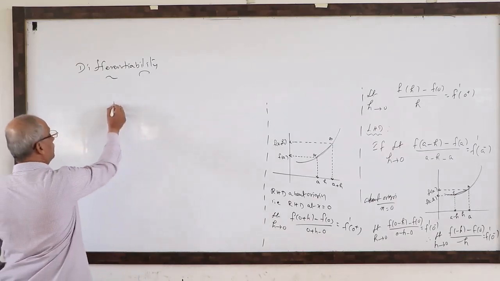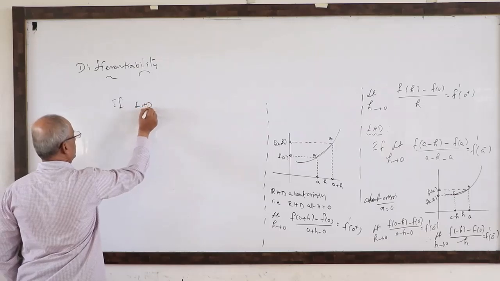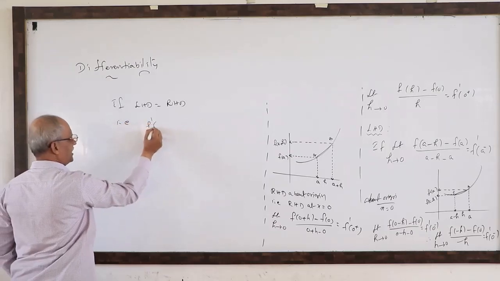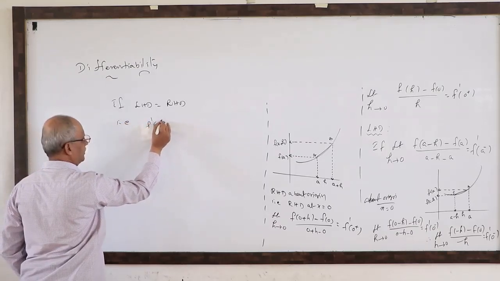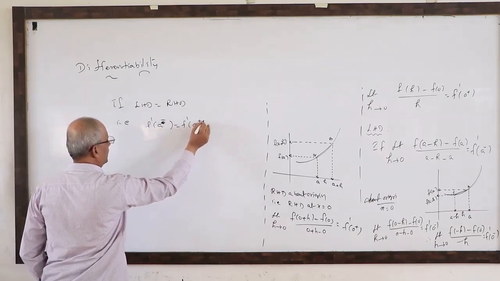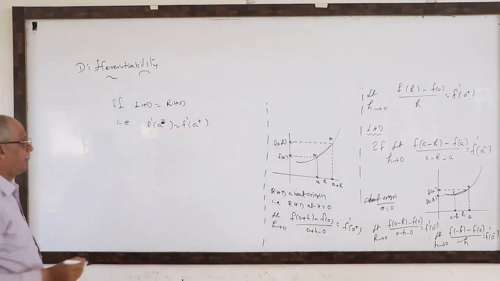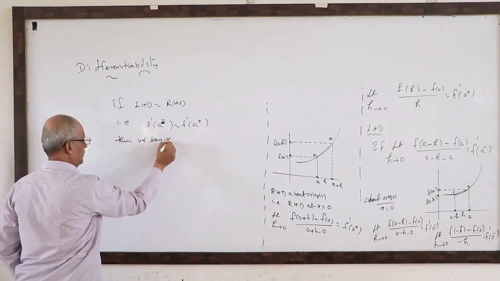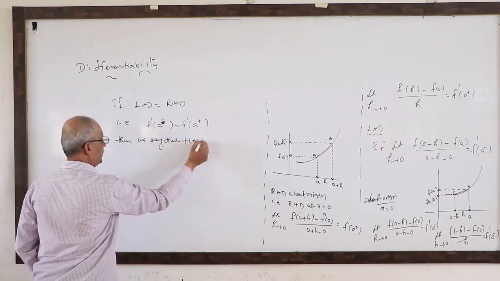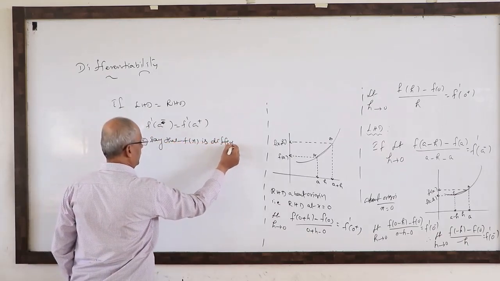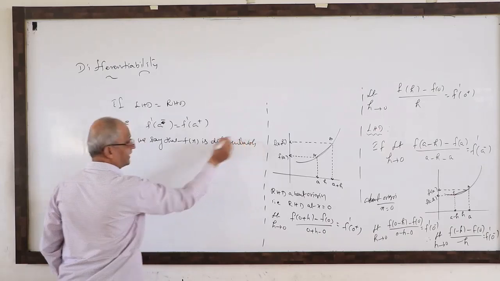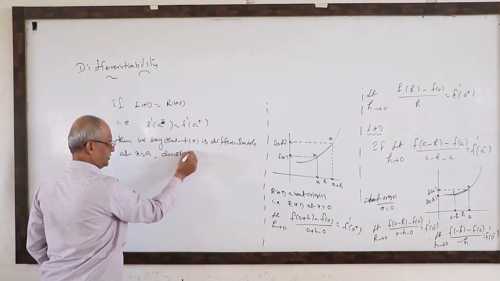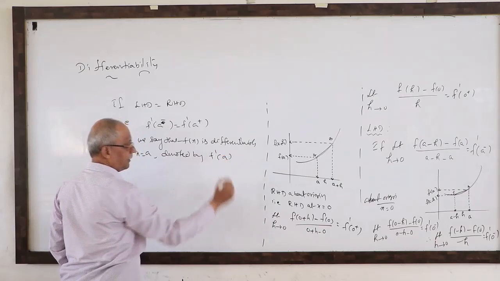Now we are writing: if the left hand derivative is equal to the right hand derivative, that is f dash of a minus is f dash of a plus, then we say that f(x) is differentiable at x equal to a, then that is denoted by f dash of a.